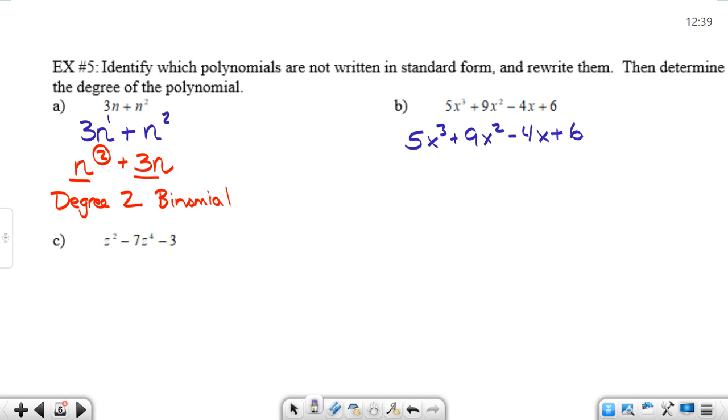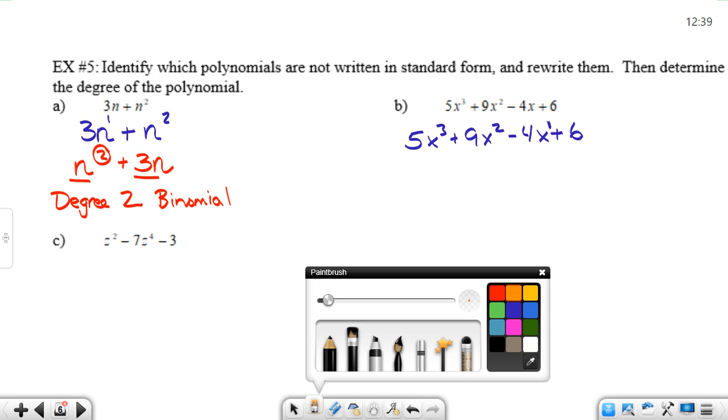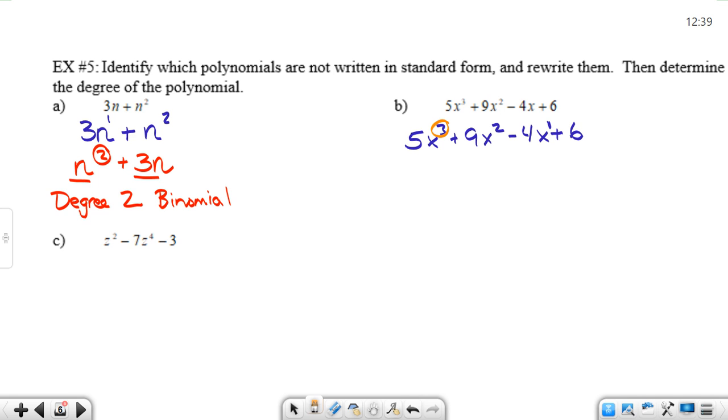Now looking here, guys, we should be able to see that this in fact is in standard form, because if I add in that invisible 1 power there, we can see that the powers do go in descending order: 3, 2, 1, and then there's that invisible x to the 0 next to the 6. So this polynomial is actually already in standard form.